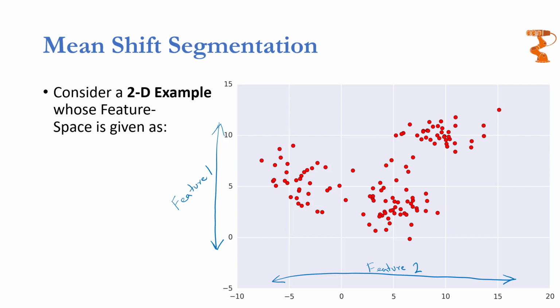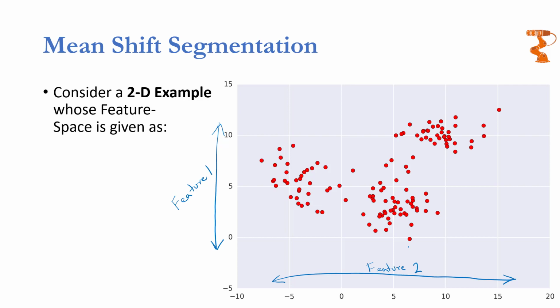Depending on the application, these two features can correspond to anything. So once you have calculated these two feature values for all the objects, you need to plot these points in a feature space. So in this case, we have a two-dimensional feature space, and we have plotted all these red points over here. The next step would be to apply a kernel function.